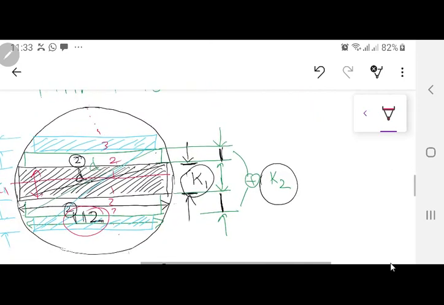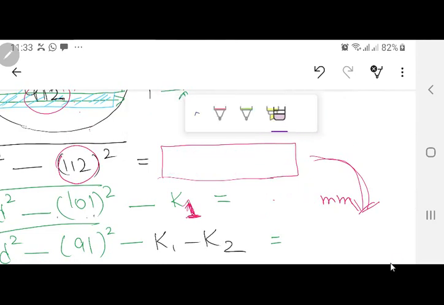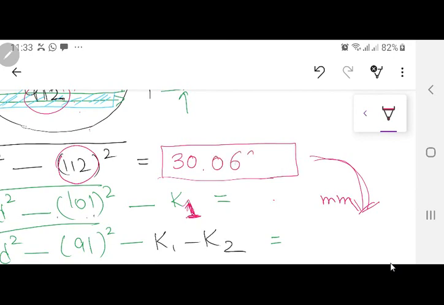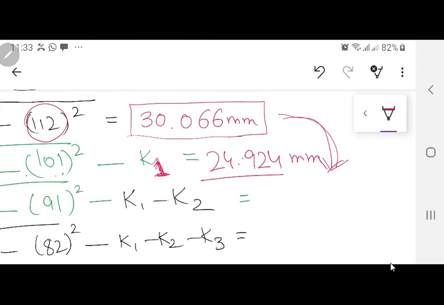Tell me the value of K1 now. 30.0666 mm, and then K2, 24.924. Next K3, 24.924 mm.